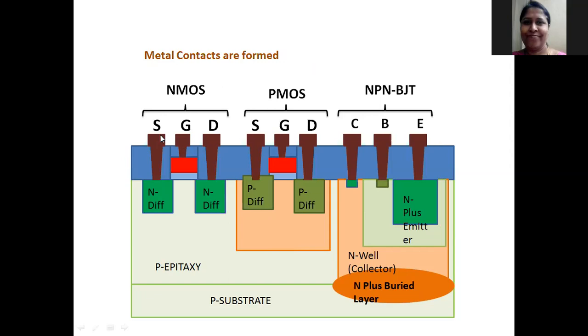So here this brown color is indicating metal portions and in other portions metal is removed. If you observe this figure, you can see one N MOSFET is formed here and one P MOSFET is formed here and one BJT is formed here. For this BJT, this is the emitter, this is the base and this is the collector.